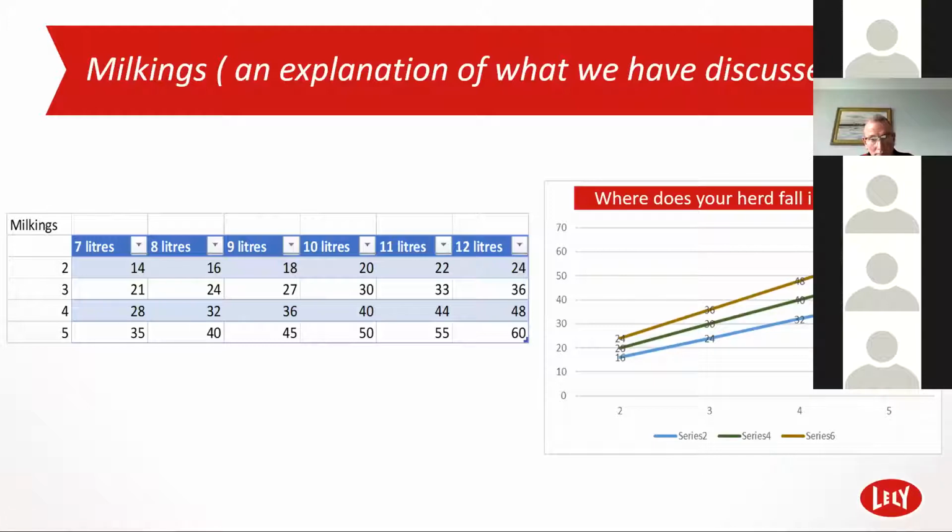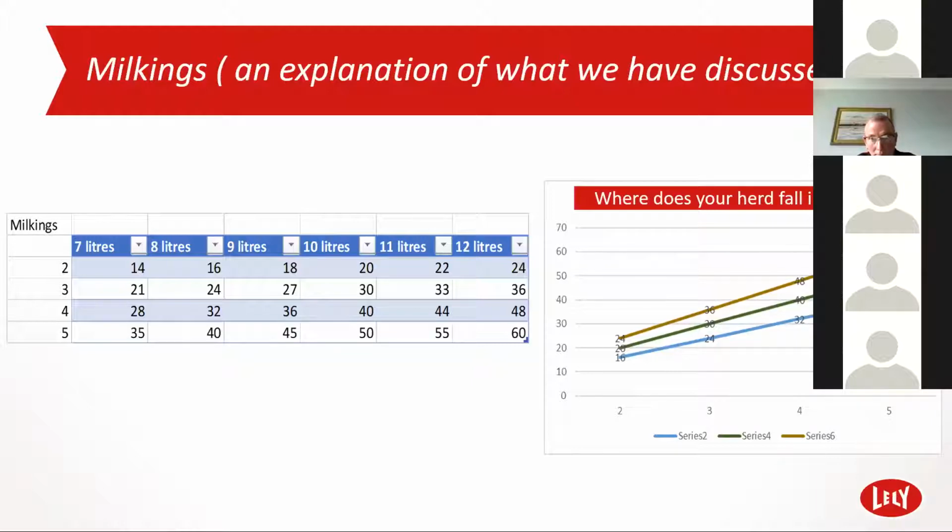Even if you were at 35 litres or somewhere along that scale, you can move across at 35 and it says for 36 litres, you can move it right up to 12 and you'd still be getting 3 milkings a day. Hopefully that makes sense, but sometimes it's quite hard to visualize in your head what that actually means.